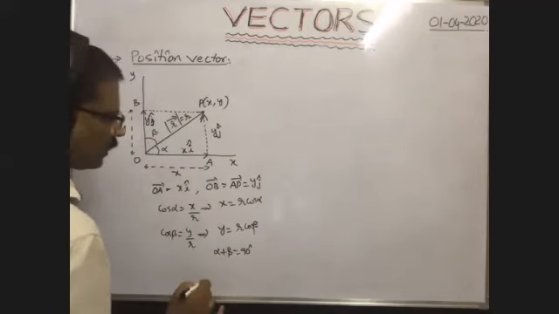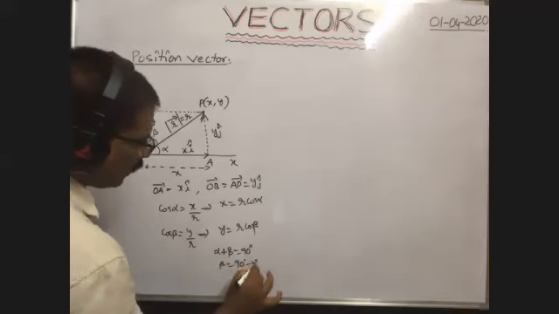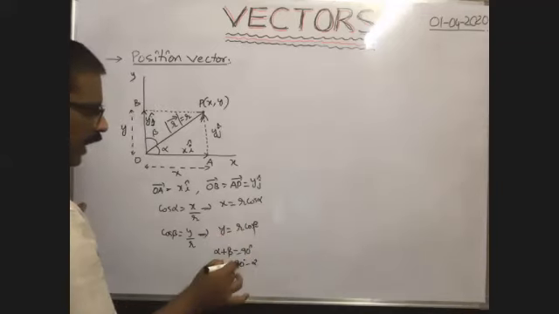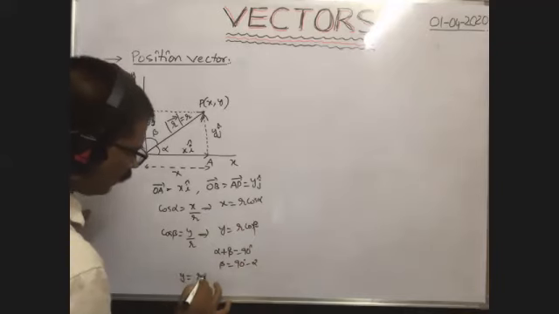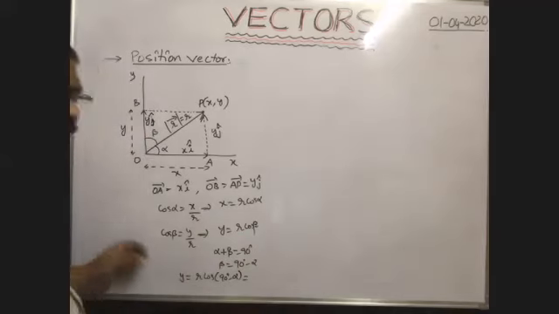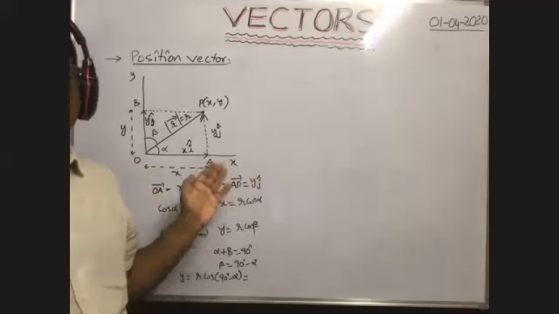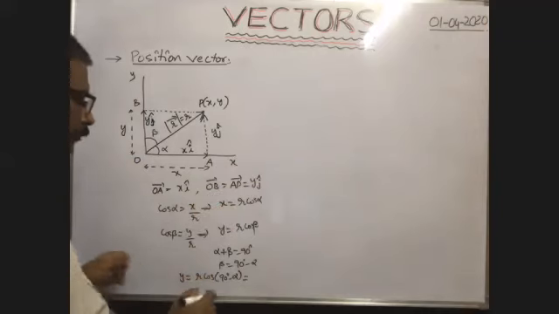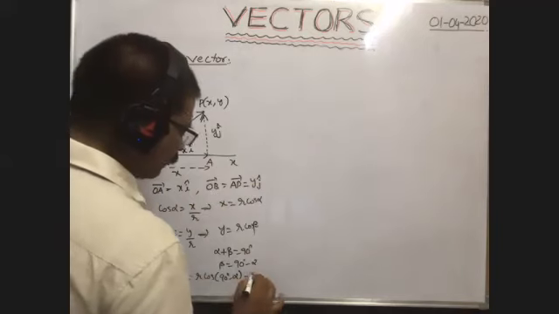Alpha plus beta is equal to 90, or beta is equal to 90 degree minus alpha. You substitute the beta value as 90 minus alpha in this y. Therefore, y is equal to r into cos of 90 minus alpha. What about 90 minus alpha? Cos of 90 minus alpha is in the first quadrant only. In the first quadrant, the cosine function is positive. That's why, as 90 is there, cos of 90 minus alpha is equal to sin alpha. Therefore, r sin alpha.